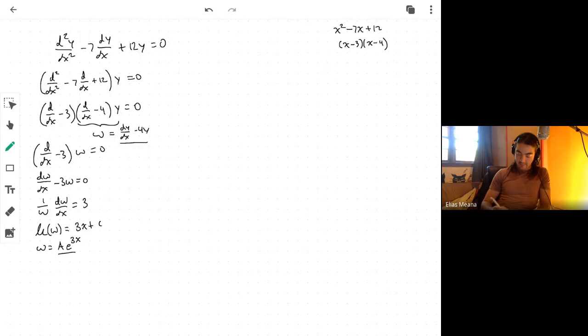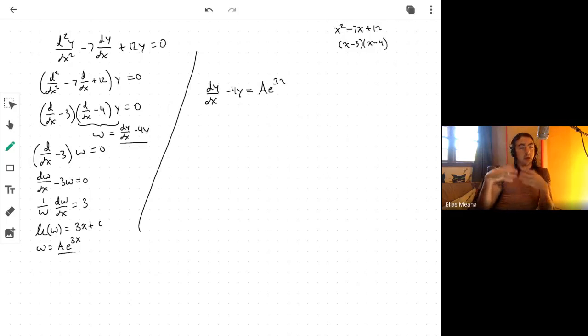So we now have that dy/dx minus 4y is equal to a times e to the 3x. This is non-separable, but it is a linear first order equation, so we can use an integrating factor. Our integrating factor is mu(x) equals e to the power of the integral of minus 4 dx, which is just e to the power of minus 4x.